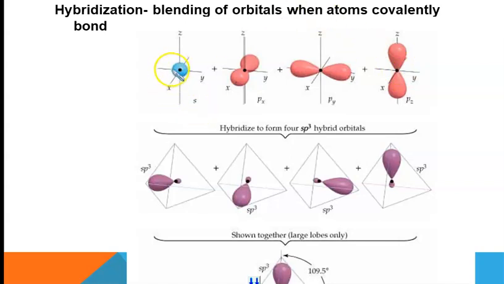Here's an S, here's some P's. That's what they look like when we were looking at them. I didn't make you draw them or anything. They're crazy. But when it gets ready to bond, these start blending together. No longer does it look like an S, no longer does it look like a P. It's called an SP. So it's a blending of shape.